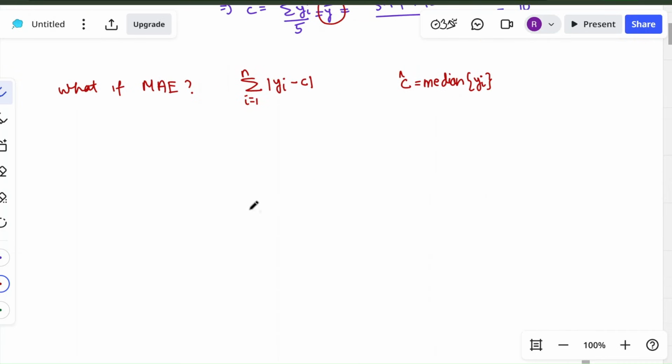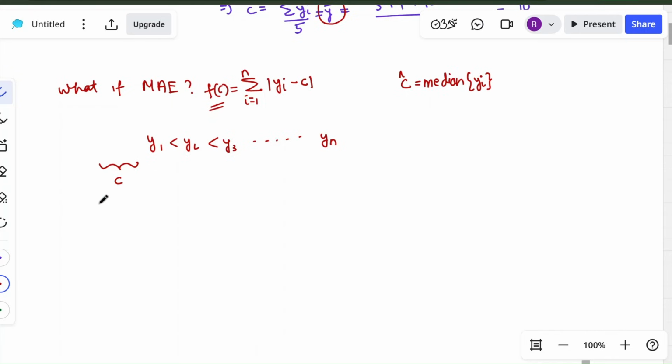So let us say you have y1 less than y2 less than y3, suppose they are arranged in this fashion. If c is less than y1, if c is somewhere here, then this MAE, let me call this f of c.